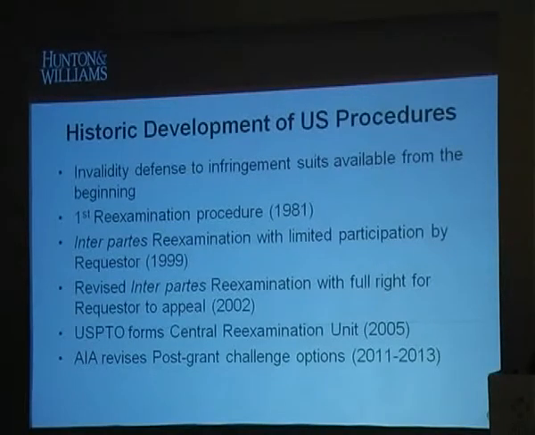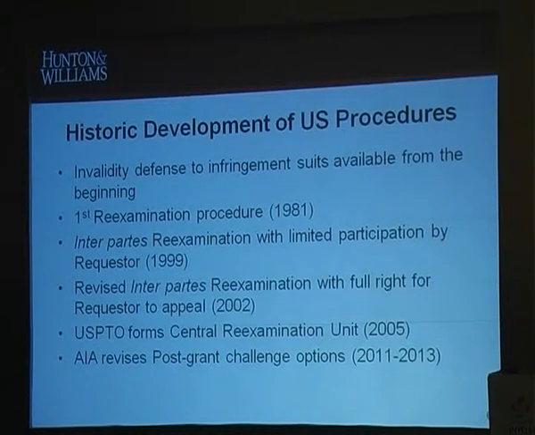Historically, we have had ways of challenging patents going back to the very beginning. At the earliest part of U.S. patent law, invalidity was a defense available during a lawsuit. However, the administrative procedures, some of these variations, are more recent. Reexamination only became available with a statute that was passed in 1981.